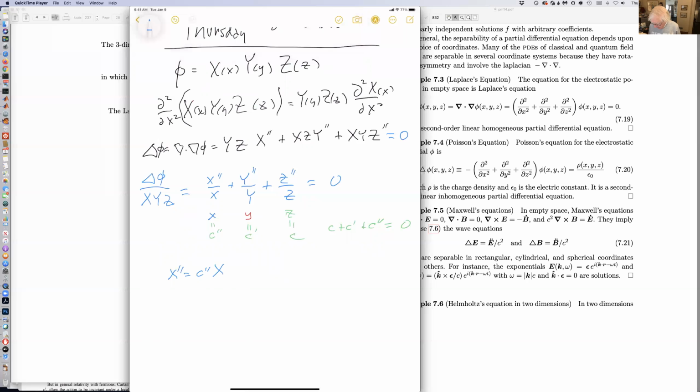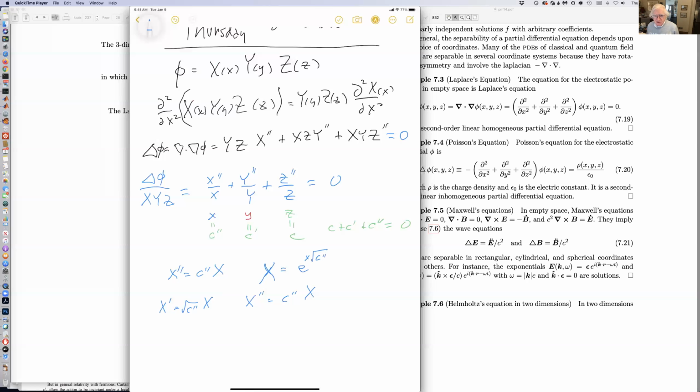Depending upon what c double prime is, you could have, for example, X equal to e to the little x times the square root of c double prime, because then X prime would be the square root of c double prime X, and X double prime would be c double prime X. And c double prime could be real, or positive or negative, or even complex for that matter. And anyway, those are the solutions.